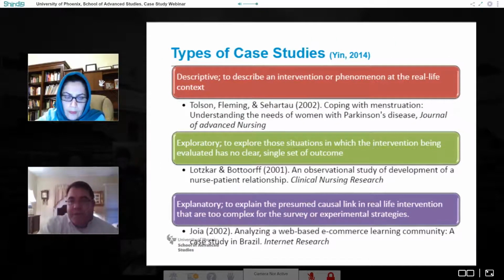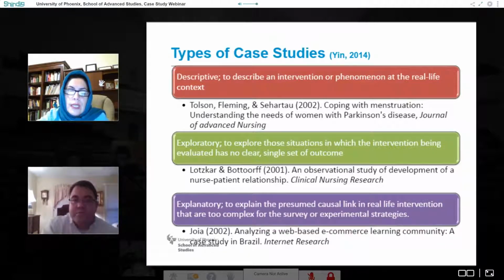Okay, and then going back to these different types of case studies, there's a question about the Tolson study. What is the bounded system? This person doesn't see how the parameters could exist around women with Parkinson's. Again, I did not particularly read it, but as I read the abstract, they were a specific group of women.